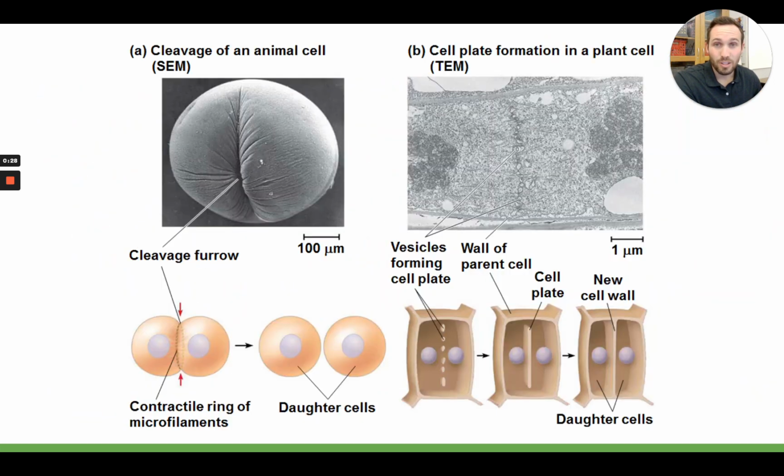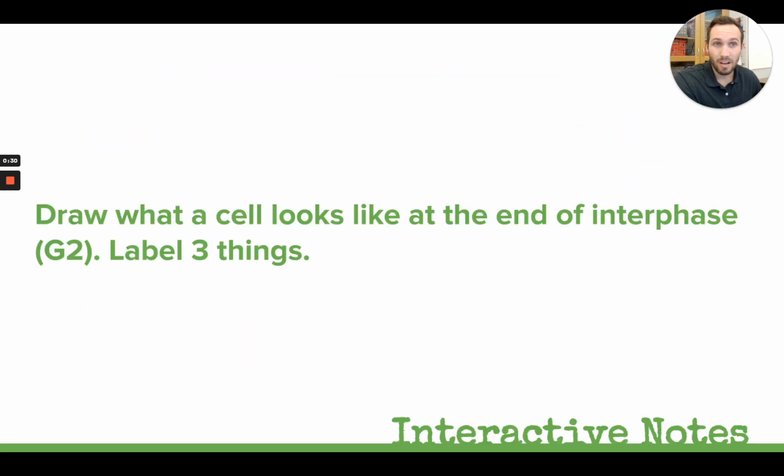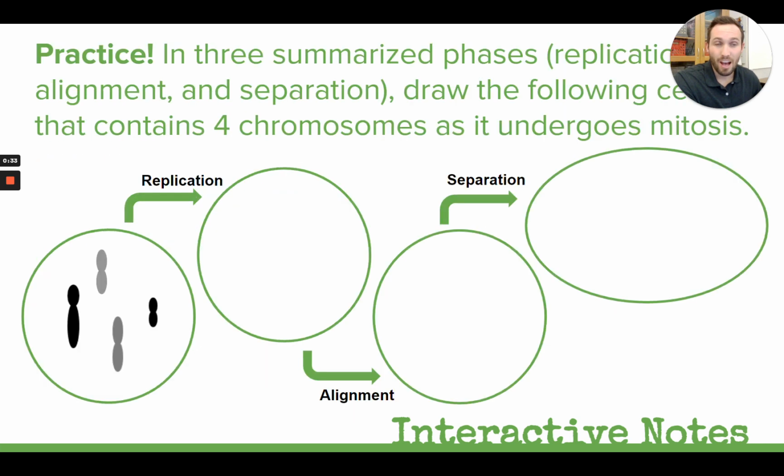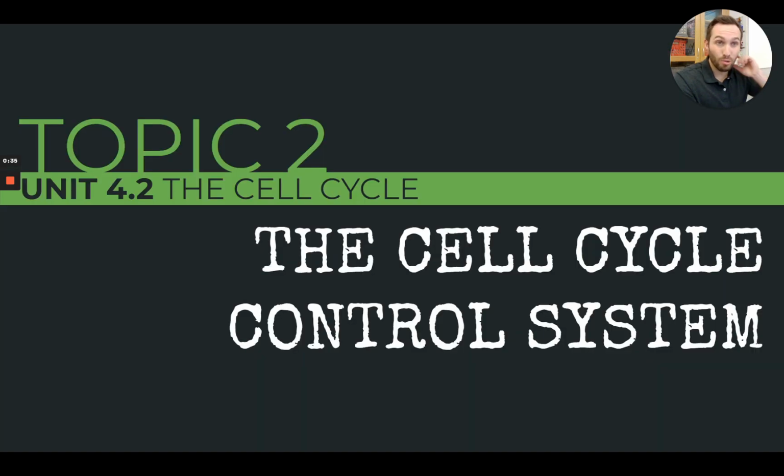And so in topic 2, though, we're going to now focus on how the cell cycle is being controlled in cells and in organisms, because it's very important that certain cells in your body who are not supposed to be dividing, that those cells are not dividing. And for certain cells that are supposed to be dividing, it's important that they are dividing and they're dividing correctly.